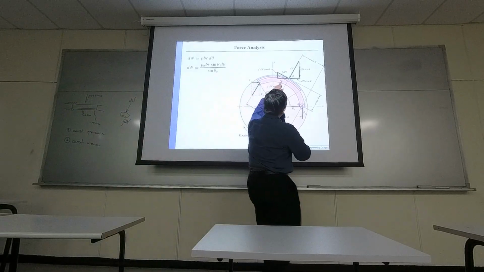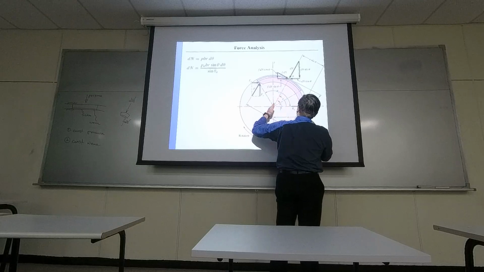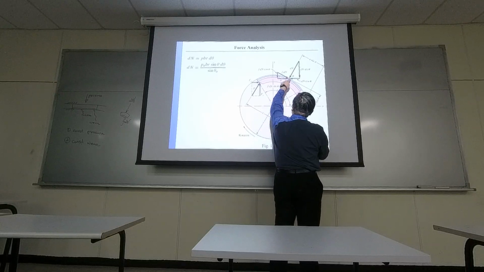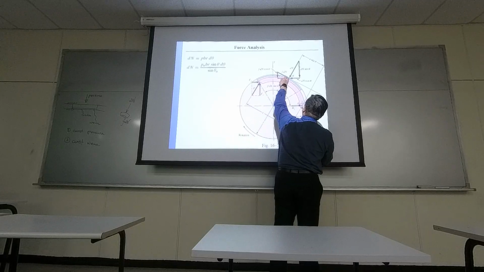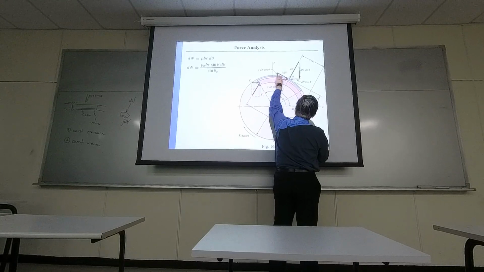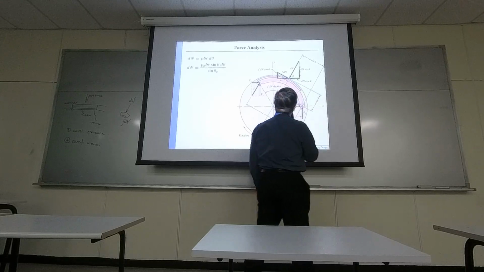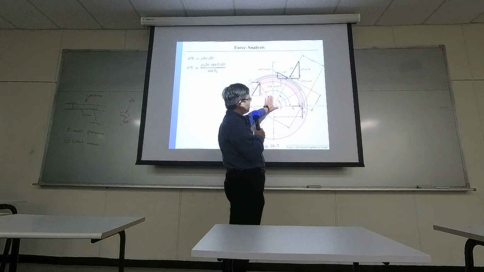So they know the normal force is going through the center, and the friction force is going to be perpendicular to the normal force, and it's not parallel to your XY.